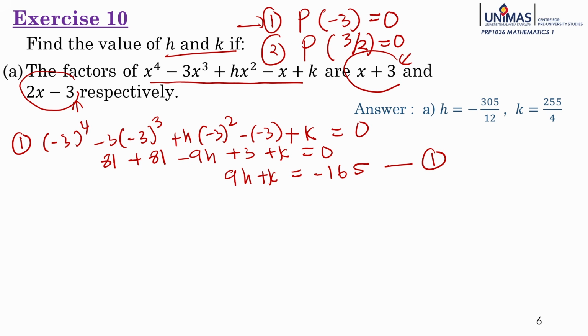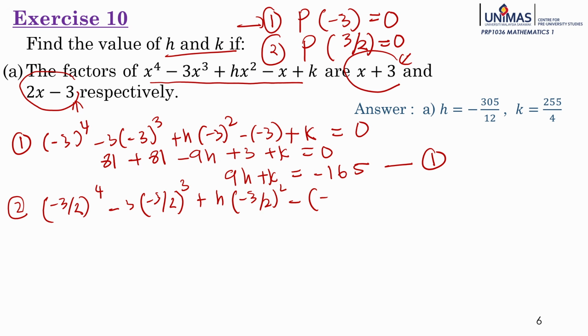For number 2, we substitute the value of x as negative 3 over 2, right? So you can get this one. Then you simplify. I give the final answer here, so maybe you can try on your own.